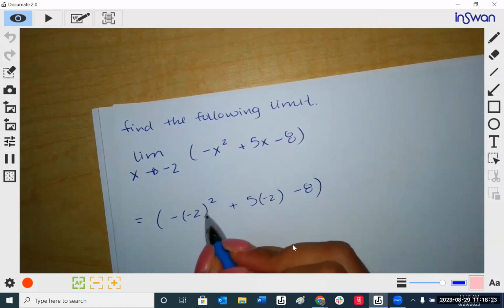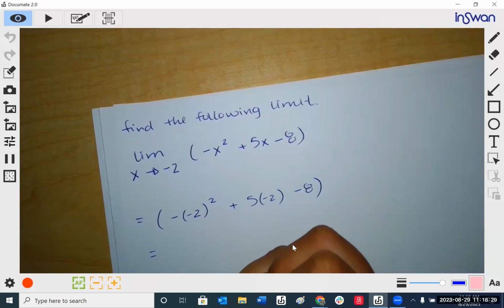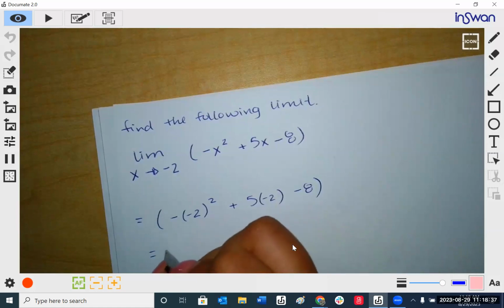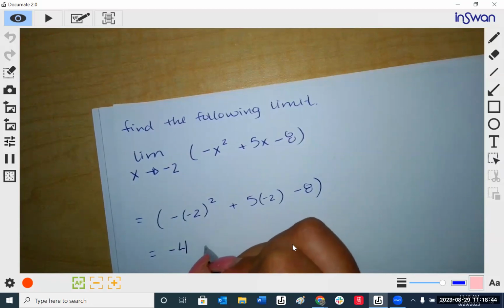Exponents. So -2 squared is what? -2 times -2 is 4, positive. So it becomes -4, the negative out front.